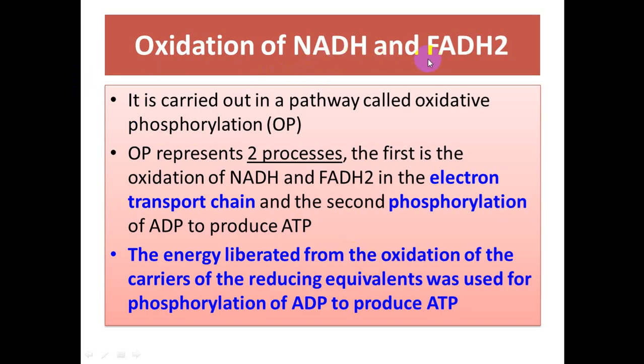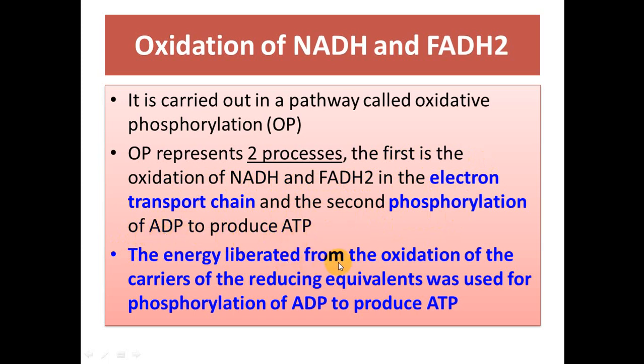الأكسيديشن of NADH and FADH2 شو راح يحدث عندنا؟ It is carried out in a pathway called oxidative phosphorylation. Oxidative phosphorylation represents two processes, عمليتين. The first is the oxidation of NADH and FADH2 in the electron transport chain, and the second is phosphorylation of ADP to produce ATP.